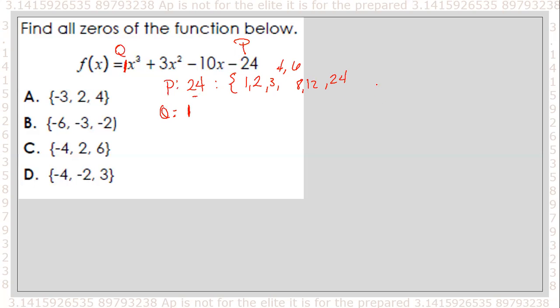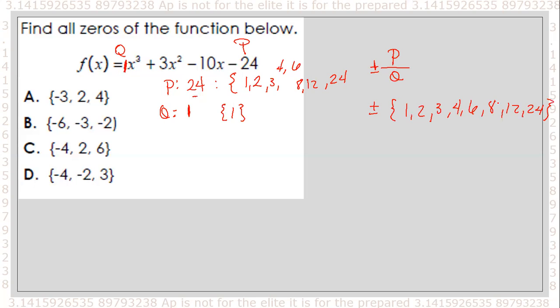So according to this, all the possible zeros are P divided by Q, including the positive and negative values. In this case, all these numbers divided by the factors of 1 stay the same, just the positive and negative versions of it. So plus or minus 1, 2, 3, 4, 6, 8, 12, and 24.